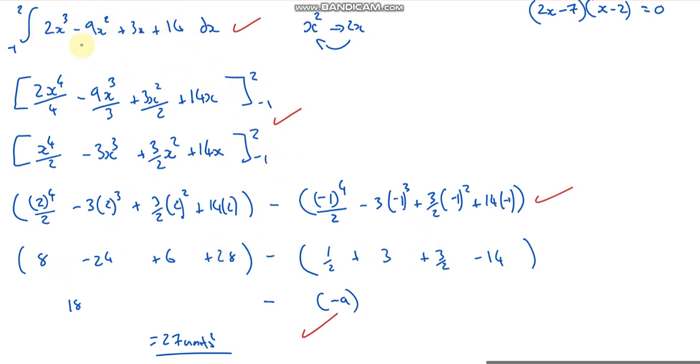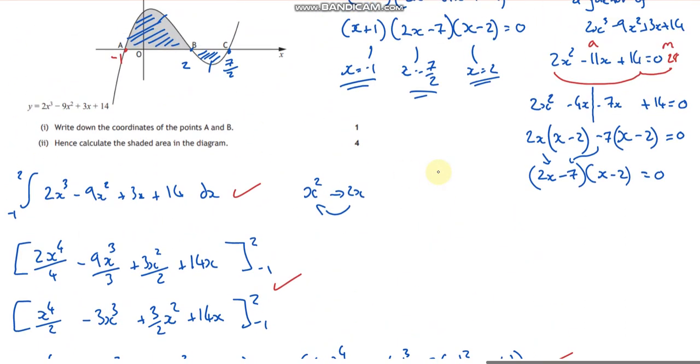This is where you want to get your marks, okay? Don't forget your dx, you'd lose a mark for that. Take your time, add on 1 to the power, divide by the new power, okay? And write this, believe me, when you're doing differentiating and integrating in the paper, at one point you're going to get confused, okay? If you want to check it's done right, differentiate it and you'll end up back where you started, yeah? So just take your time with that.